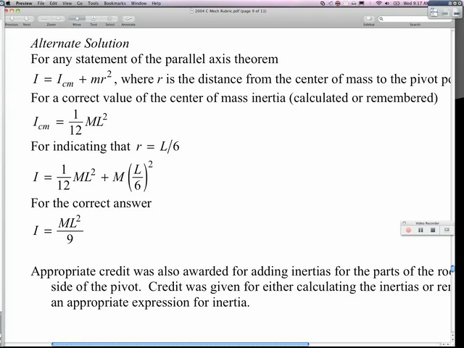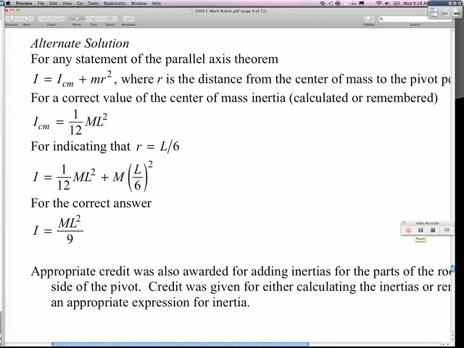That distance is this R right here. So this center of mass and the pivot, 1/3, 2, or the center of mass thing in the middle, 1/12.